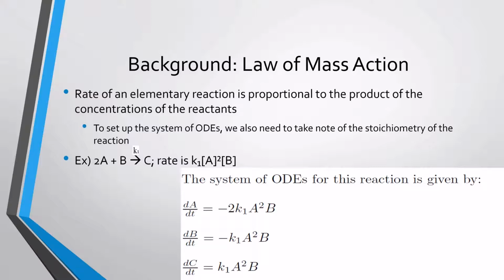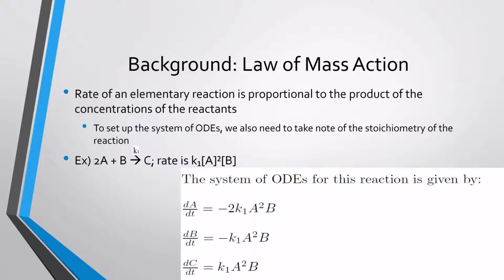Here's an example of a simple reaction transformed into a system of ODEs. The rate is given by k1 A squared B, and so we can model the concentrations of each species in this reaction by the following system. In this example, both dA/dt and dB/dt are negative due to the reactants not appearing on the right-hand side of our reaction. dC/dt is positive because C does indeed appear on the right-hand side.